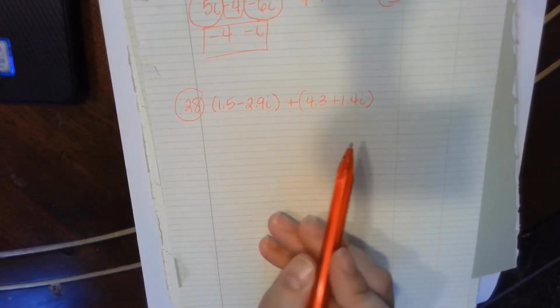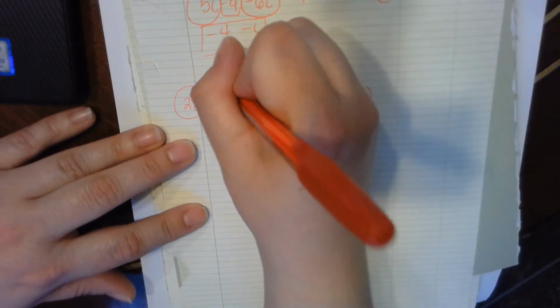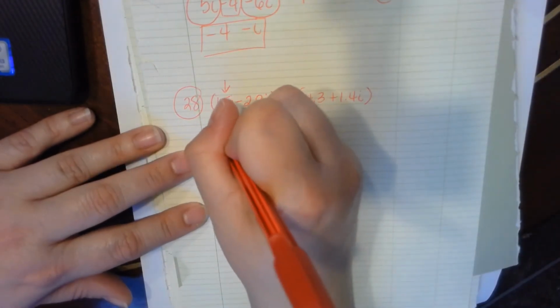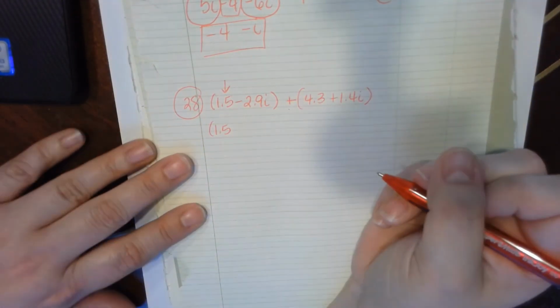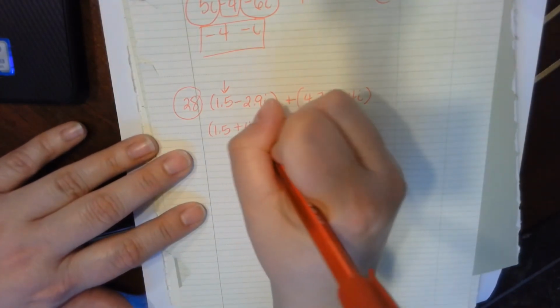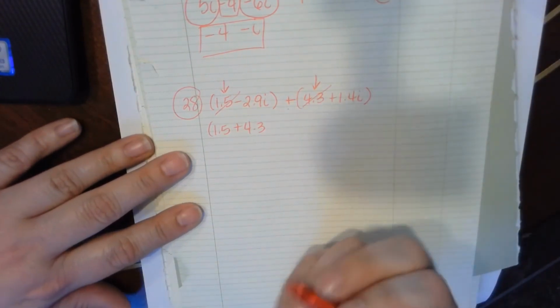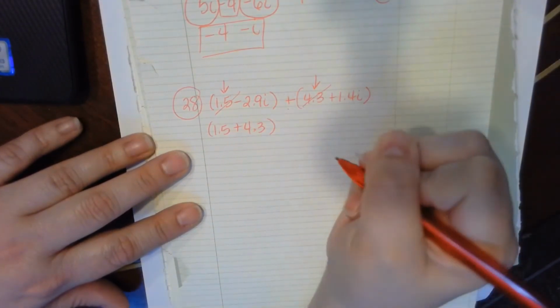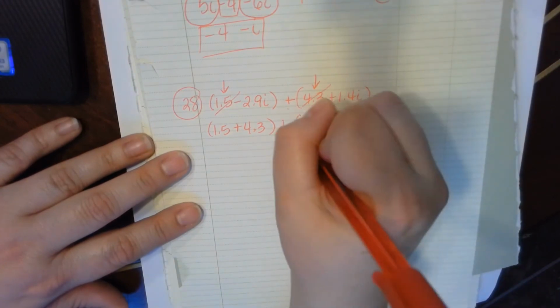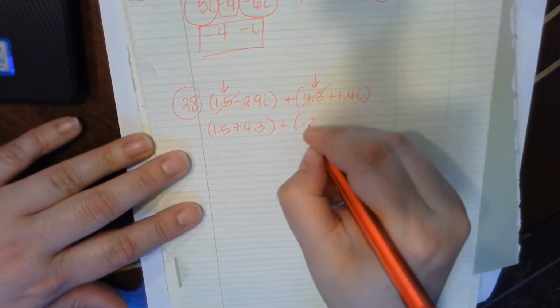numbers and combine the imaginary numbers. So I have 1.5 here, and I'm going to add that to 4.3. So I'm going to take care of this one and this one. I'm going to rewrite them down here. I'm adding that to negative 2.9i.